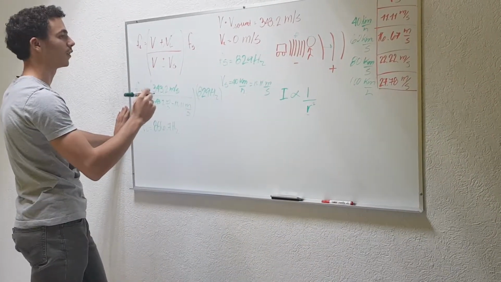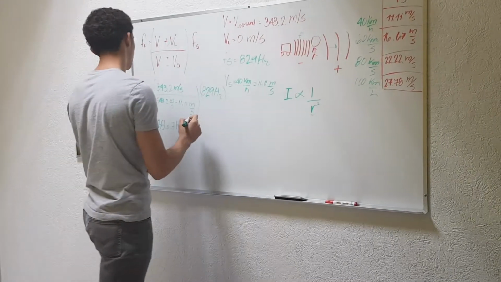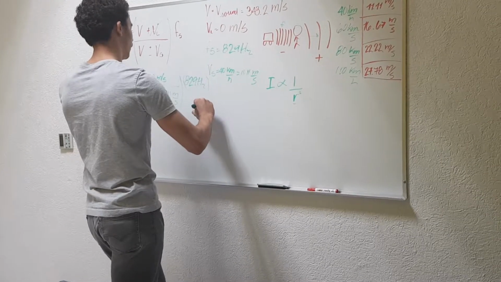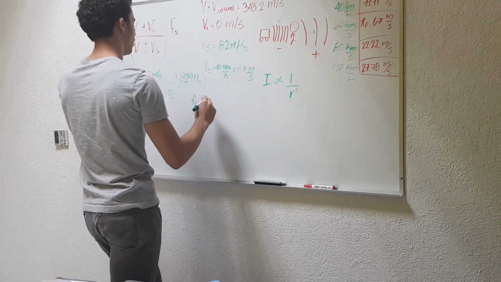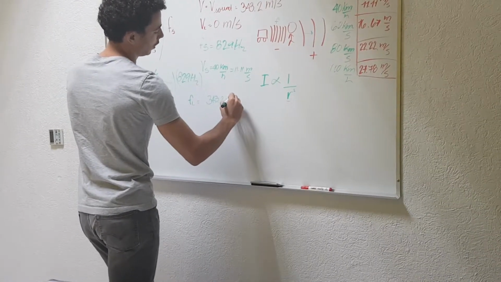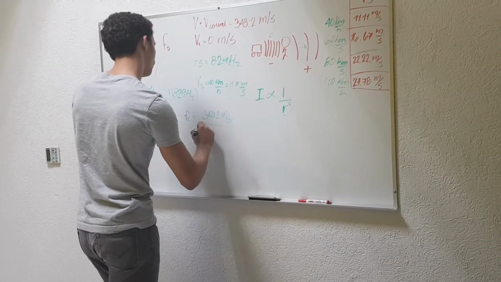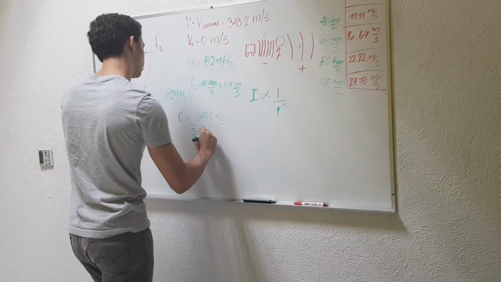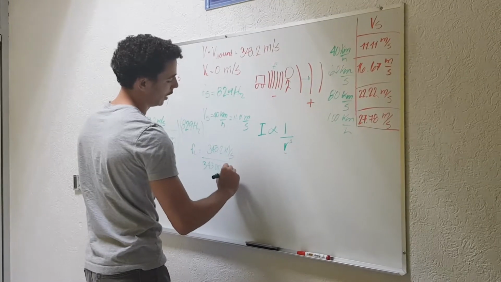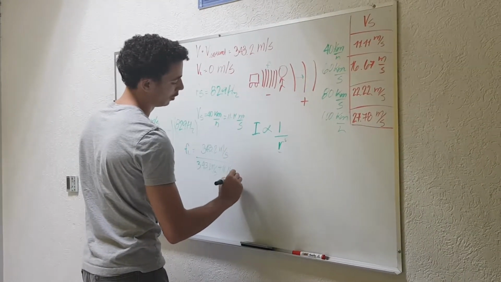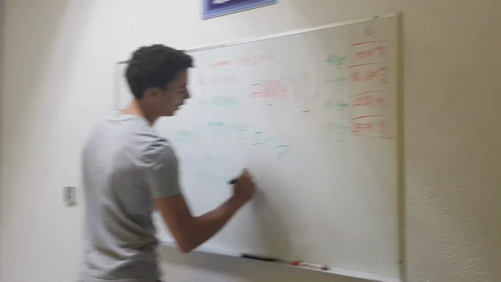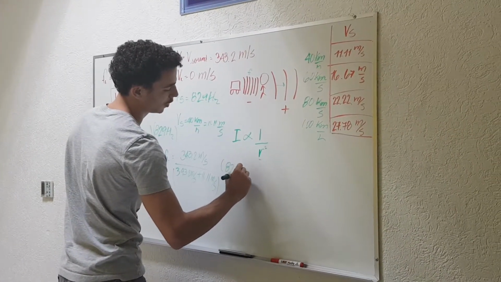But what happens when the car is leaving? Well, now we have to apply the opposite. We say that the frequency of the listener is equal to, again, 343.2 meters per second divided by 343.2 meters per second plus 11.11 meters per second, times the frequency of the original sound.